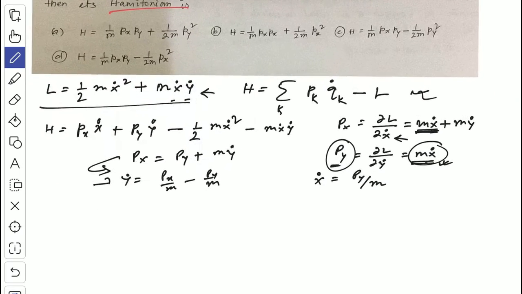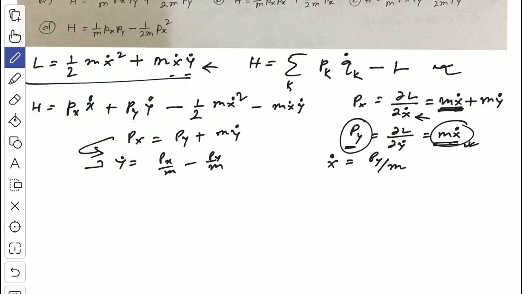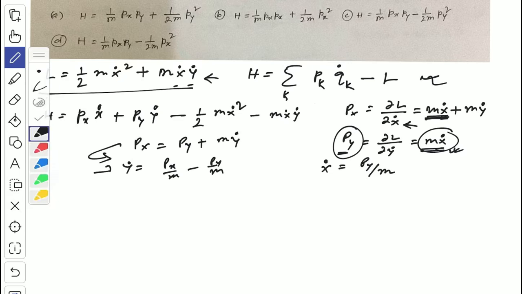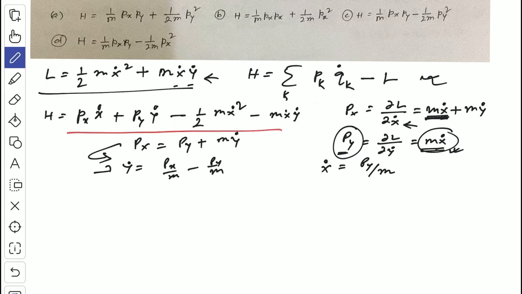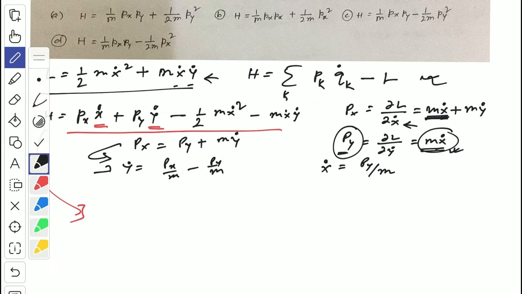Now, let me scroll down the page. As you see, we have got this Hamiltonian here. If you put the values of y dot and x dot in this equation, then what will you get?